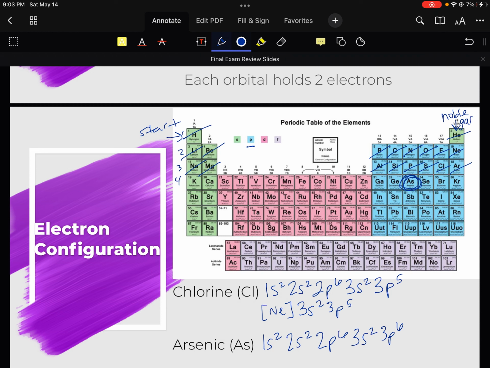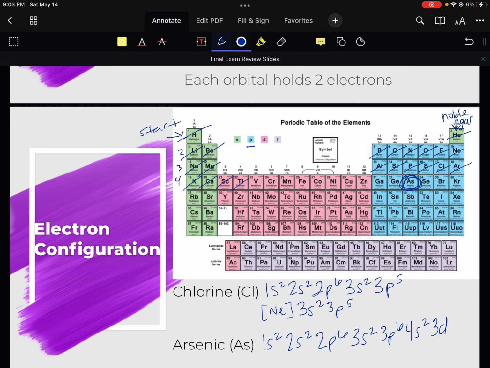I'm not at arsenic yet, so I'm just going to keep going down. I'm at 4s2, and then when we get to the d, remember it kind of goes backwards 1. So this is really 3d, and again, this is labeled on your electron configuration card, so you don't really have to remember this, but you just have to know how to fill it out.